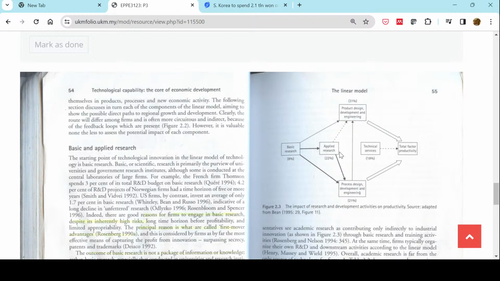So applied research is more directly related to total factor productivity. But we need basic research, and that's done by universities and government research institutes mostly. So we have a next page.